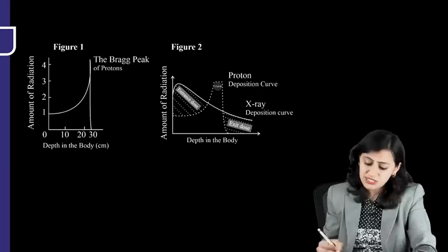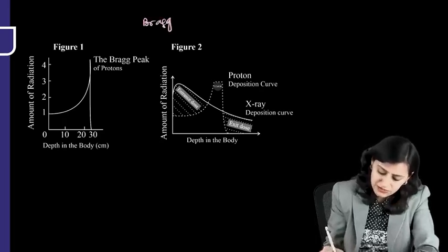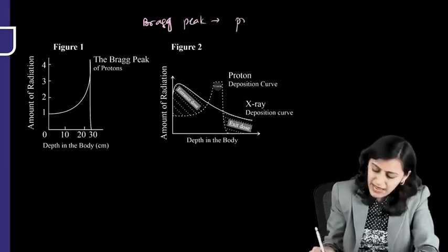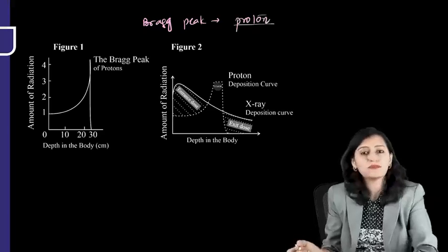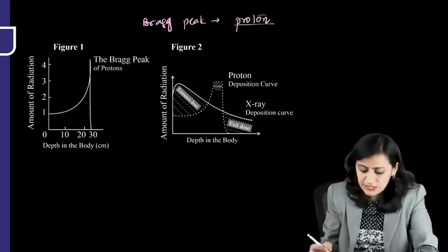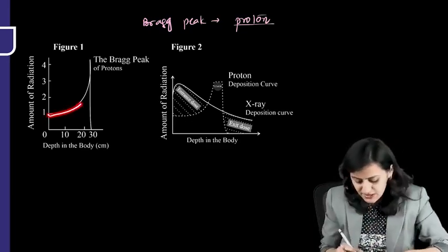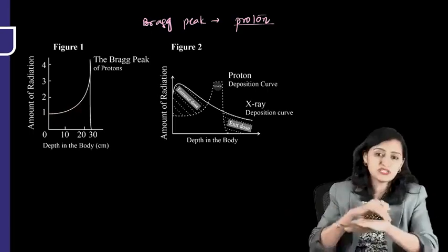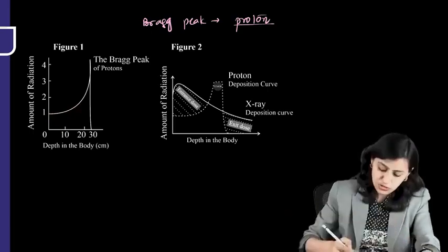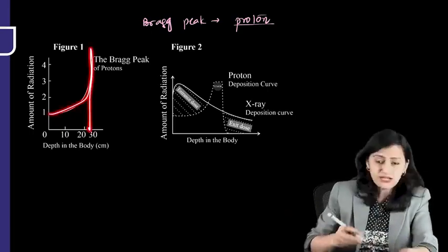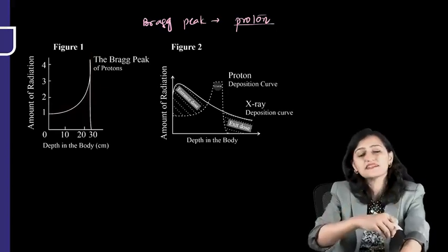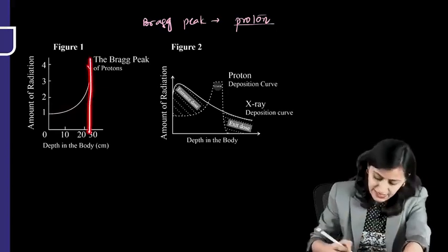Now out of this, which is the one which gives the Bragg peak? So frequently asked question, Bragg peak is seen with the proton beam. What is the Bragg peak? When we give proton, as it goes into the body, initially there is no radiation given to the tissues, and when it reaches the tumor site, suddenly there is a peak in the radiation dose that is delivered to the tumor, and then again it falls.